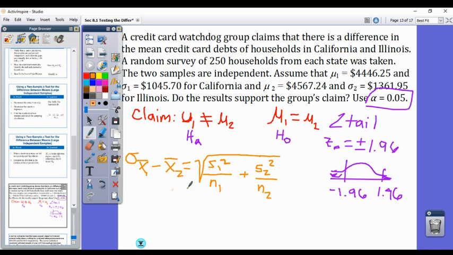Okay, so I'm going to go ahead and plug in for this formula.